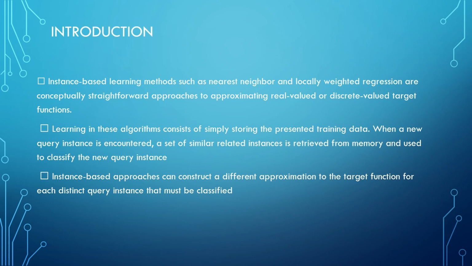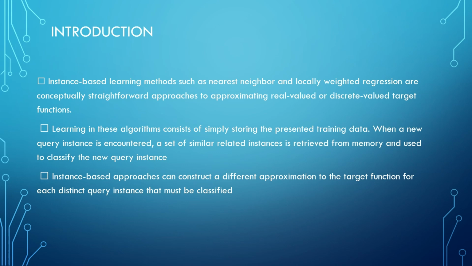Now let us discuss the main key concept of instance-based learning. There are two types of learning methods in instance-based learning, like nearest neighbor and locally weighted regression. These are straightforward approaches to approximating real valued or discrete valued target functions.